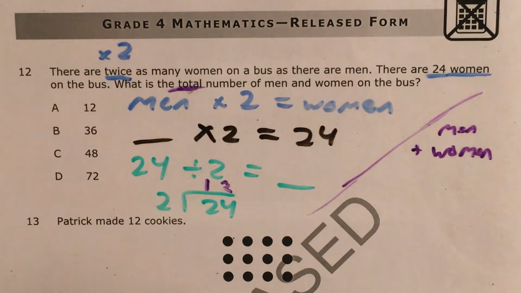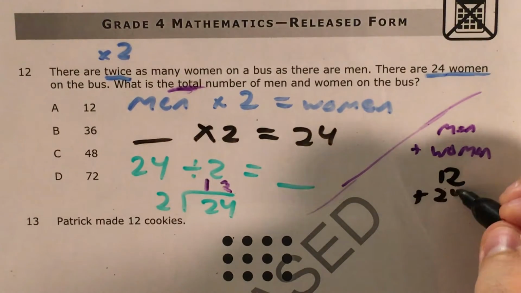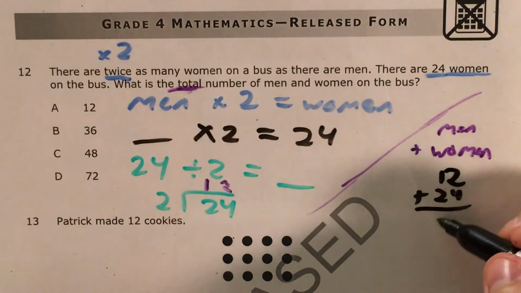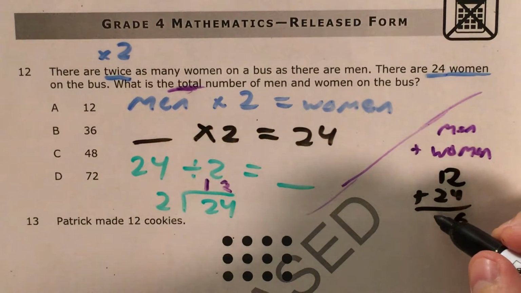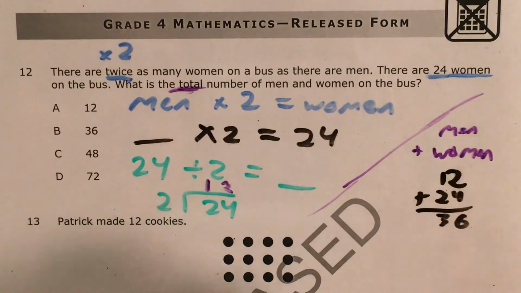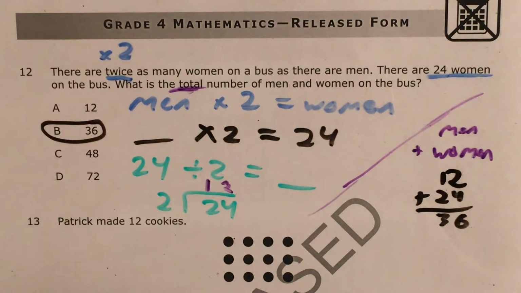Since we have some of the numbers, we got that there are 12 men and 24 women, so 12 plus 24: 2 plus 4 is 6 ones, 1 plus 2 is 3 tens, that gives us 36, and that actually matches one of our answer choices.